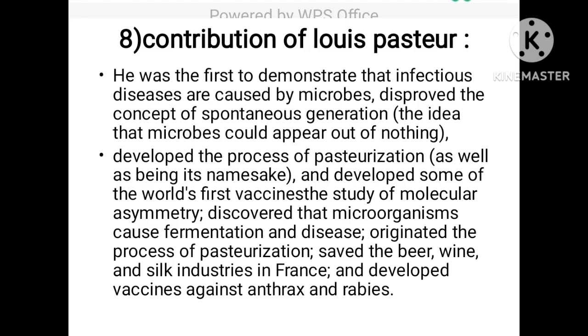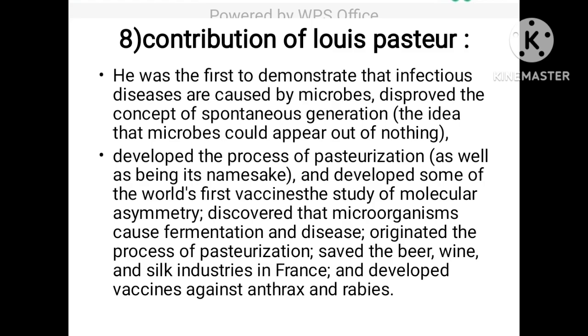Then he developed the procedure of pasteurization.